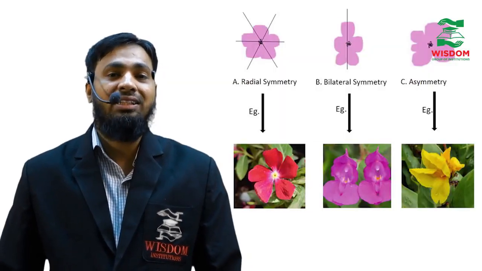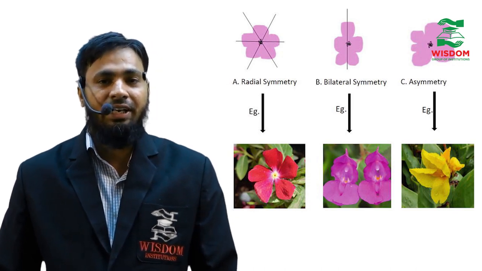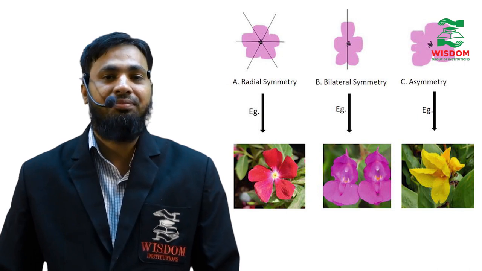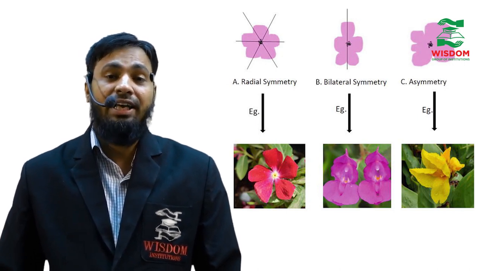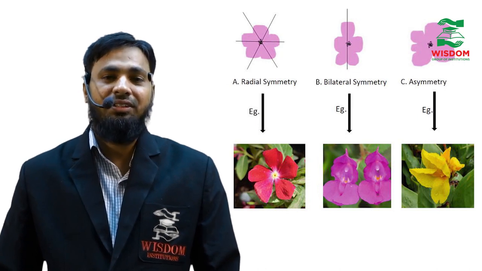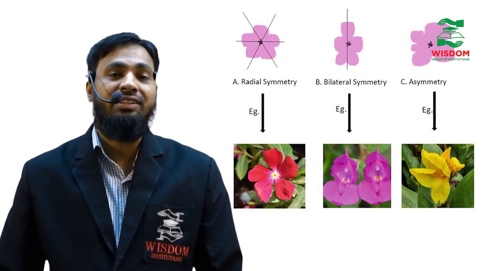Symmetrical is further divided into bilateral symmetry, that is zygomorphic, and radial symmetry, that is actinomorphic, and asymmetrical. So what is symmetry? Symmetry is the arrangement of the parts of the flower around the central axis.